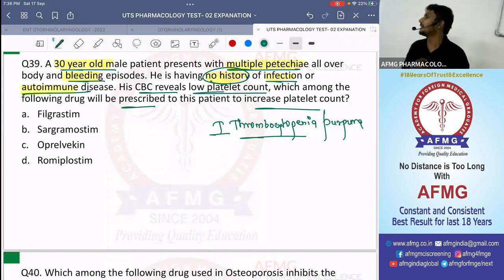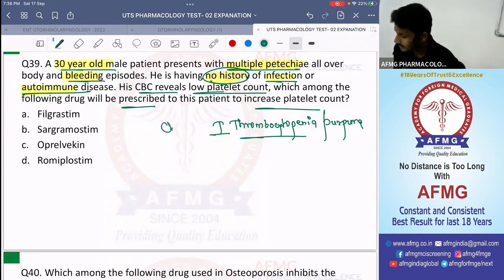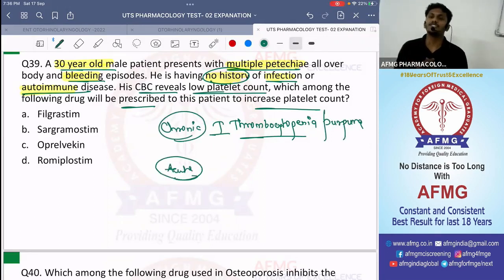Idiopathic thrombocytopenic purpura in adults is chronic ITP. In children we have acute ITP, and in children it is usually preceded by a history of viral infection. In adults there is no history of any viral infection. In children it is self-limiting, therefore no treatment is required.